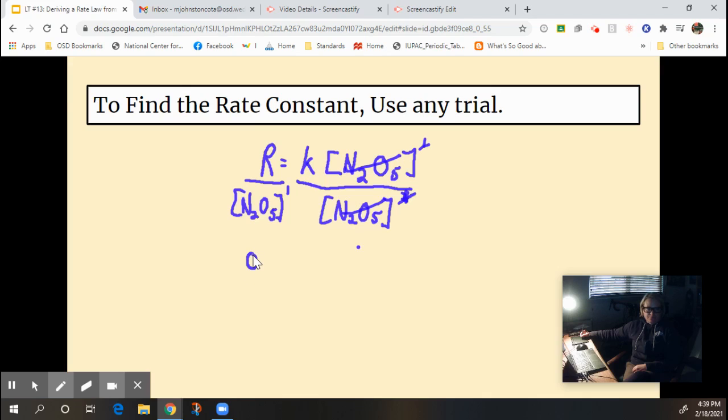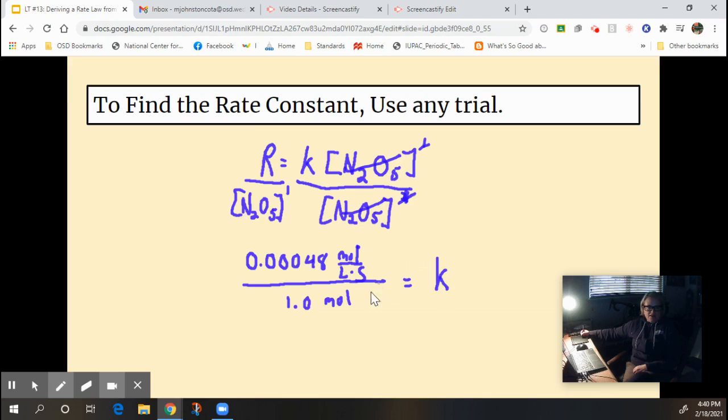In trial 1, and you can back up the video to prove this, the rate is 0.00048 mole per liter per second. And I'm going to spell that out here. And that's all going to be divided by the concentration of N2O5, which is going to be 1.0 moles, which is going to give me my proportionality constant.